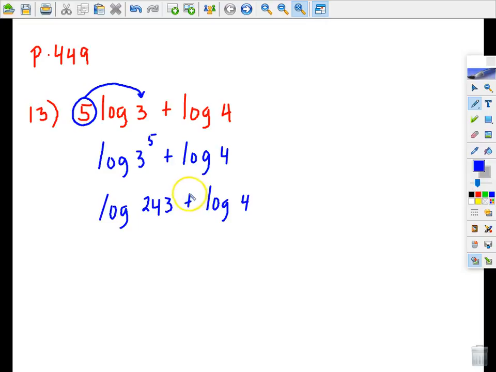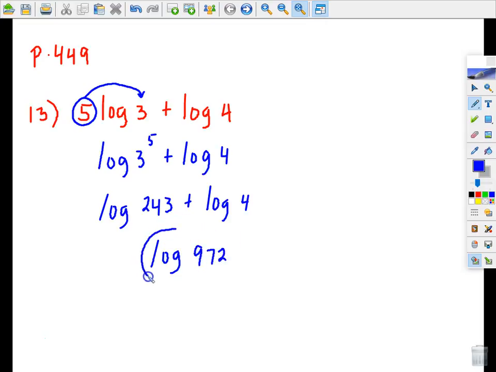Okay, now I'm going to apply the product property, which says two separate logs of the same base that are being added can be joined together as a single log using multiplication of these numbers, 243 and 4. So once again, multiply 243 times 4 in your calculator and you get 972.